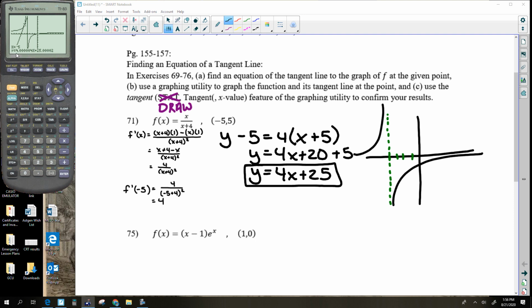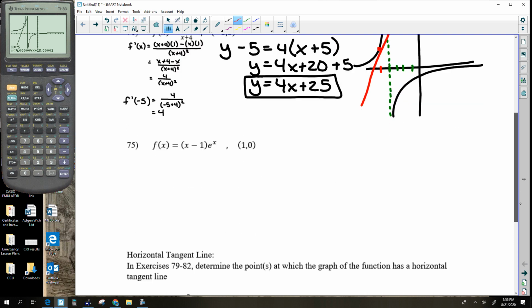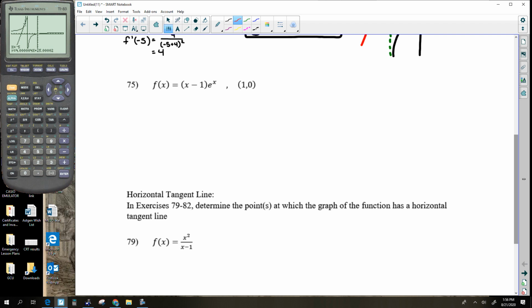It says y is equal to 4x plus 25. What do you know? Yay! So at -5, this is the equation of our tangent. Booyah!